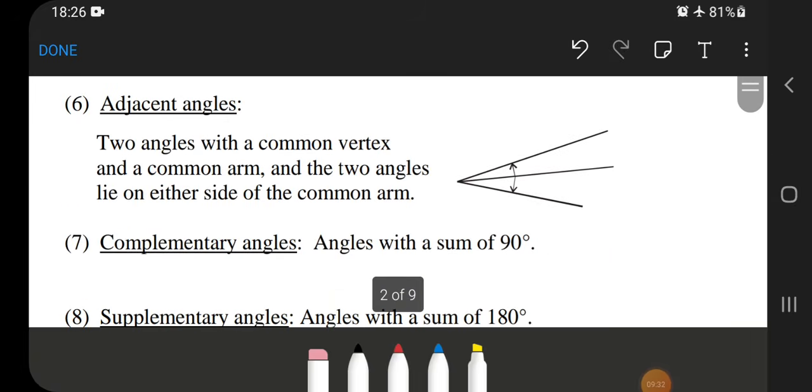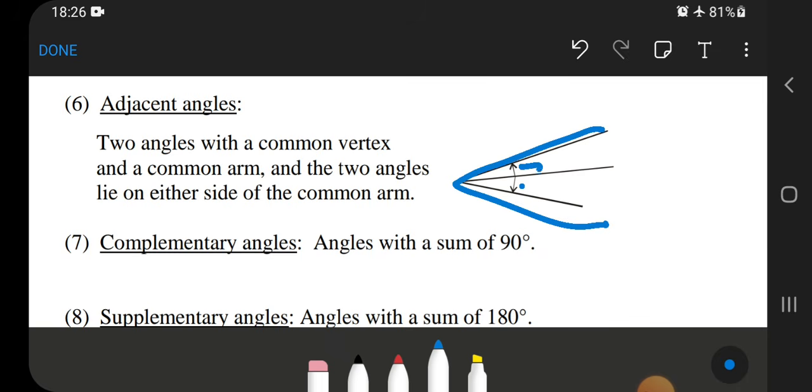Now let's see adjacent angles. Two angles with a common vertex and a common arm, where the two angles lie on either side of the common arm. Okay, so this angle and this angle, they are adjacent. Here and here, these two angles are adjacent.